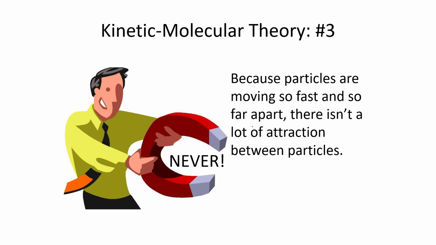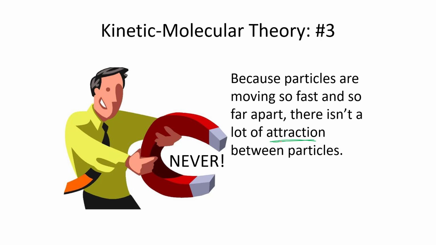The third theory is the idea that since particles are moving so fast and they're so far apart, there's not a lot of traction between the particles, so they don't attract each other. It's sort of like how you might have a friend who says, oh, I can never find anyone, and they're just whining because they can never find somebody. But you know what? If they're not putting themselves out there, that's their own fault, okay?